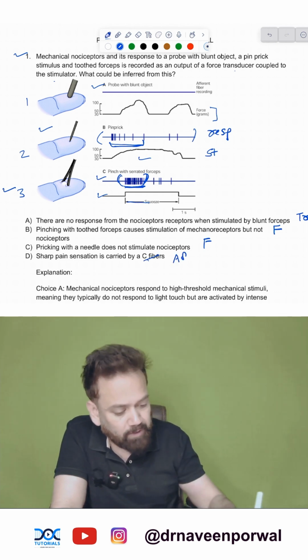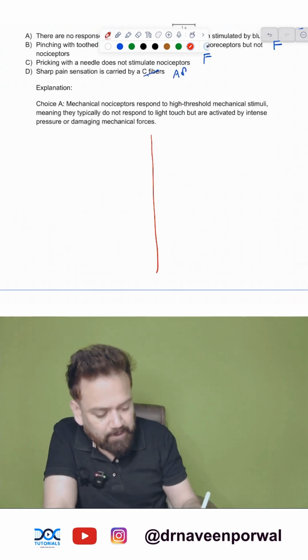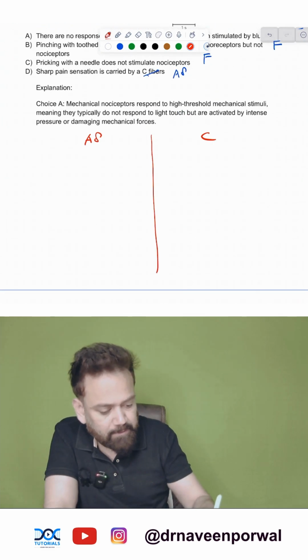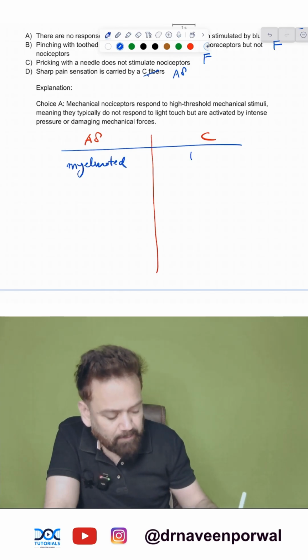We know there are two fibers. One is called A delta, first pain, and C, second pain. A delta is usually myelinated. C is usually unmyelinated.